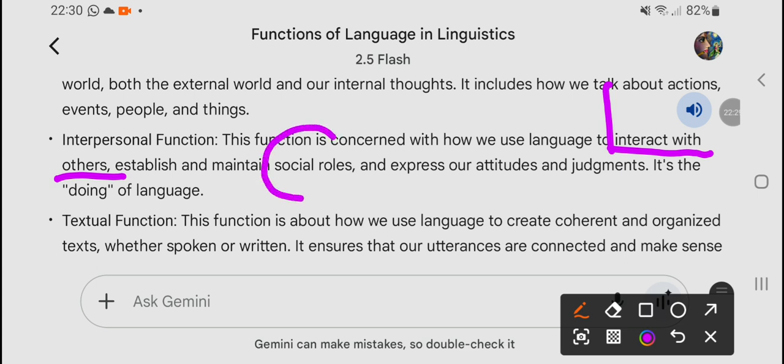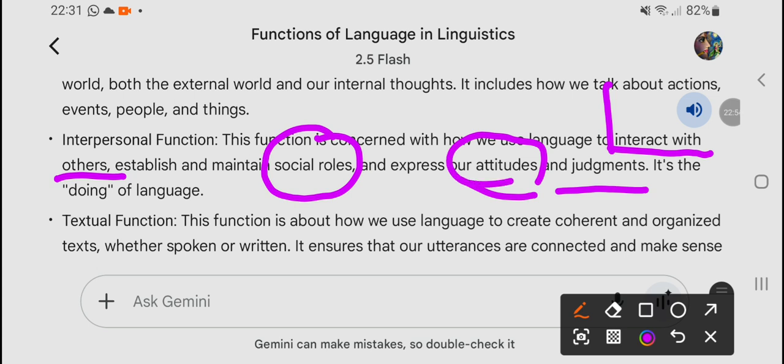When we interact with someone, our language matters a lot. It creates a good reputation, a good rapport between two people, two parties, and expresses our attitudes and judgments. So that is our social roles, and expressing our attitude, language and attitude.